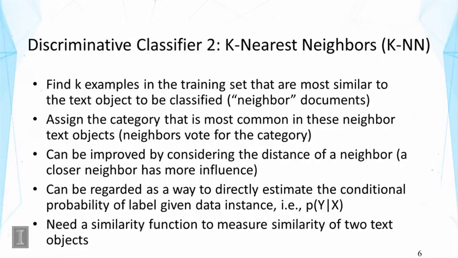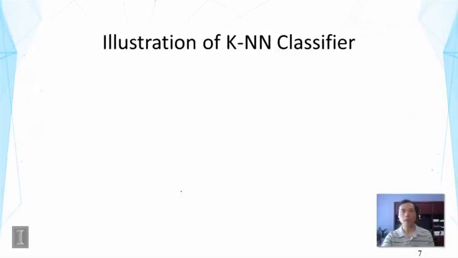Basically, effective features are those that would make the objects that are in the same category look more similar, but distinguish objects in different categories. So the design of this similarity function is closely tied to the design of the features in logistic regression and other classifiers.